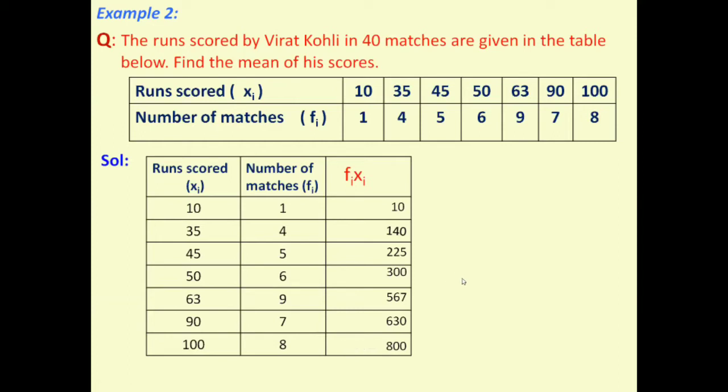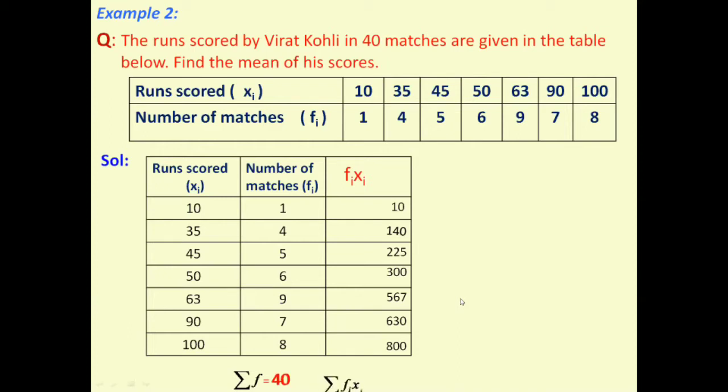Next, what to do? We have to find the total number of matches, that is the total of fi. So here we write sigma fi. Sigma fi is equal to how much? 40. The 40 matches we already see in the question. So the total of all matches is 40. Again we have to find the sum of fi xi also.